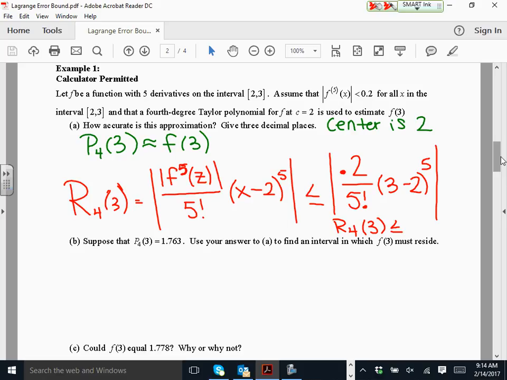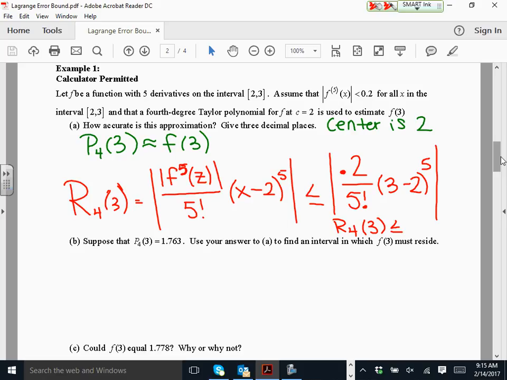Okay, so we have a function and we have a polynomial of fourth degree approximating that function. Our polynomial is centered at 2, which means when we plug in 3, it's going to be slightly off because that's not where it's centered. So we're looking at what's the maximum we're going to be off by.